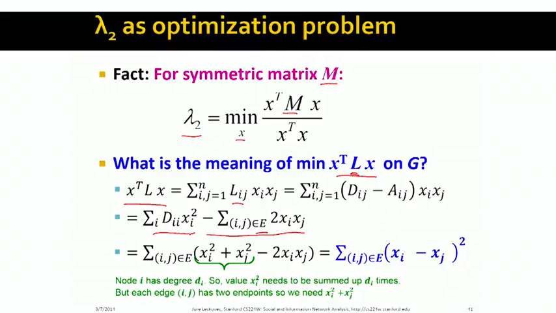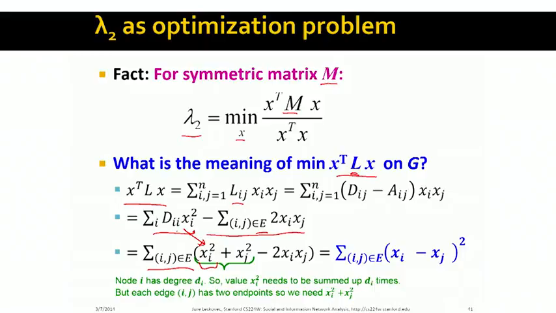Instead of taking the degree of node i times x_i squared, we now push this squared value of node i into the summation over all the edges, because a given node has degree d, so for that node i we will sum x_i squared d times. So the whole thing is equivalent.